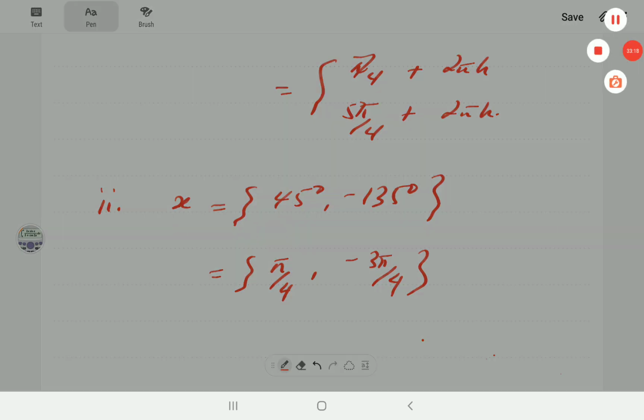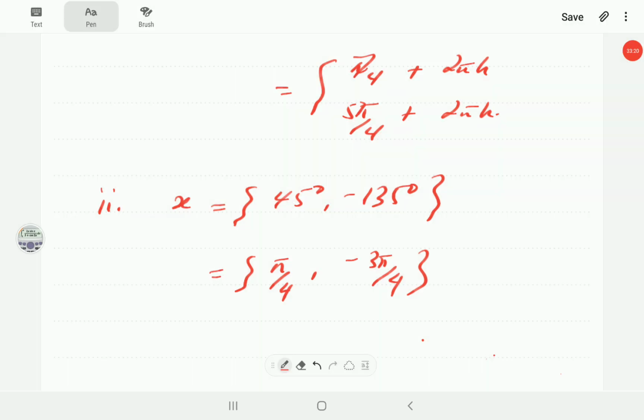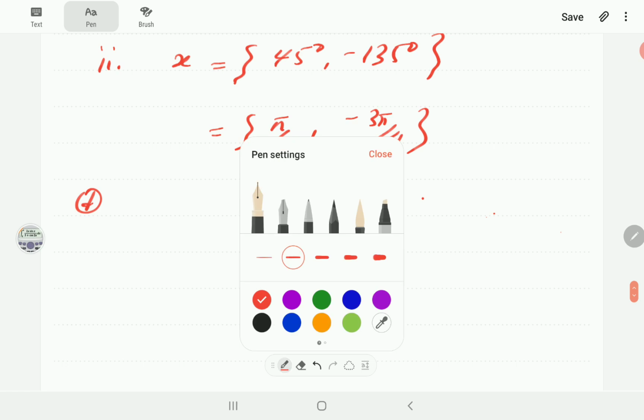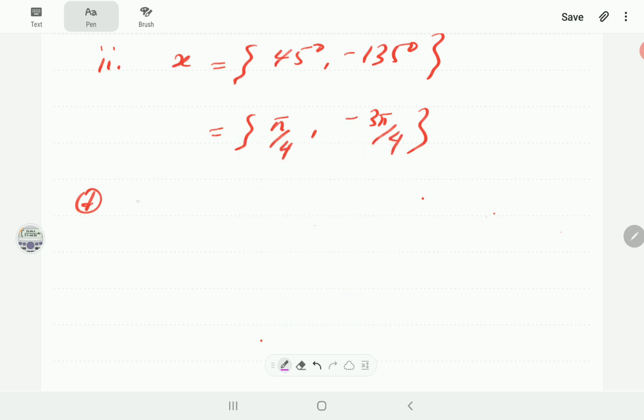We're just going to do part D. So in part D, we have tangent of theta plus 30 degrees is equal to square root 3.